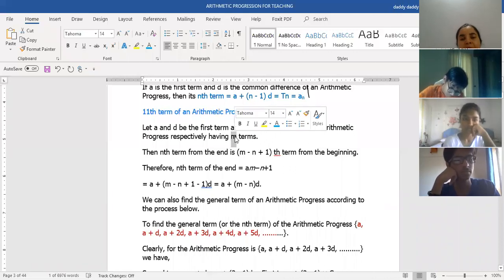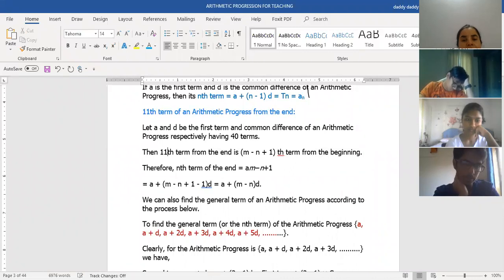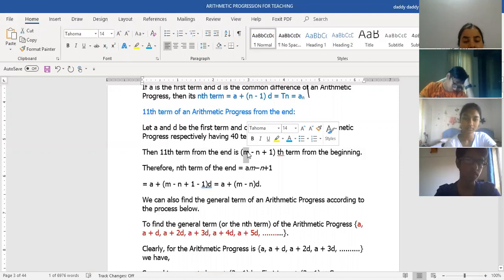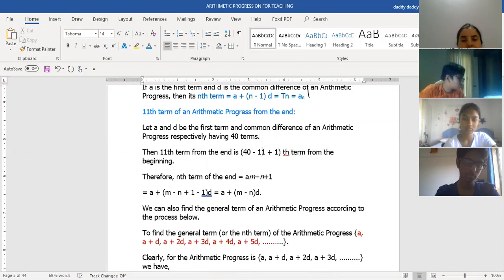In place of m, let's take 40 terms. So the total number of terms available to me is 40. I want to find the 11th term, not from the beginning, but from the end. So here in place of m I'm going to write 40, and in place of n I'm going to write 11, right?